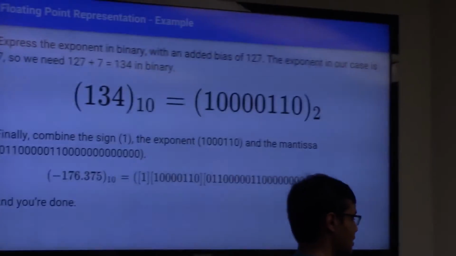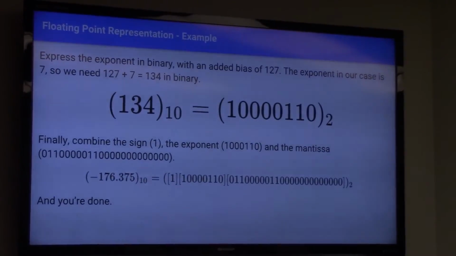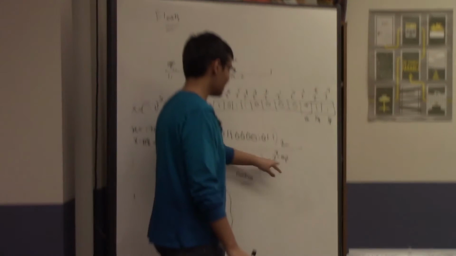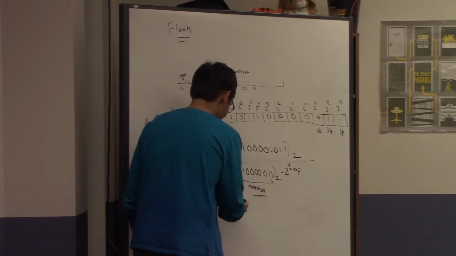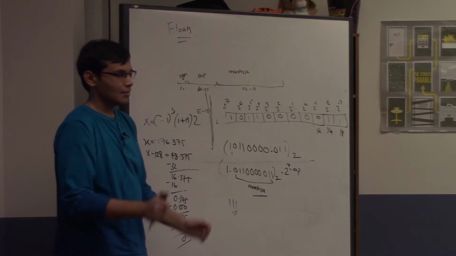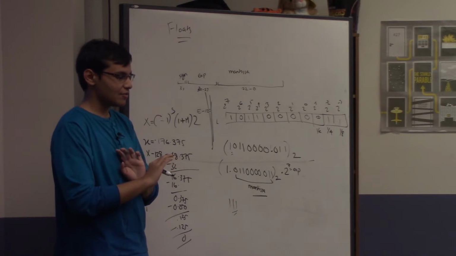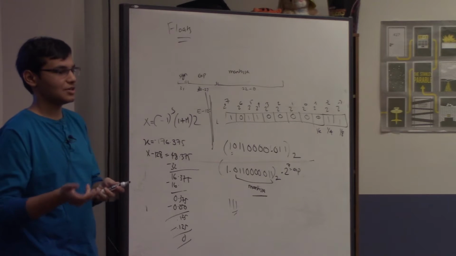Okay. Now we do something else. We do want to write the exponent. It'd be very easy for me to represent 7 in binary. Just go 1, 1, 1, right? And that's how you represent 7 in binary. But if I do that, then I have to assume that I can't represent negative exponents.